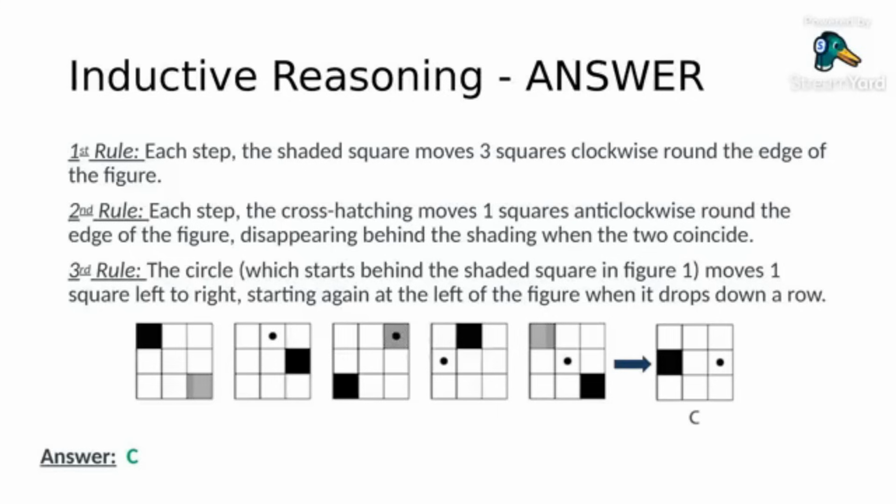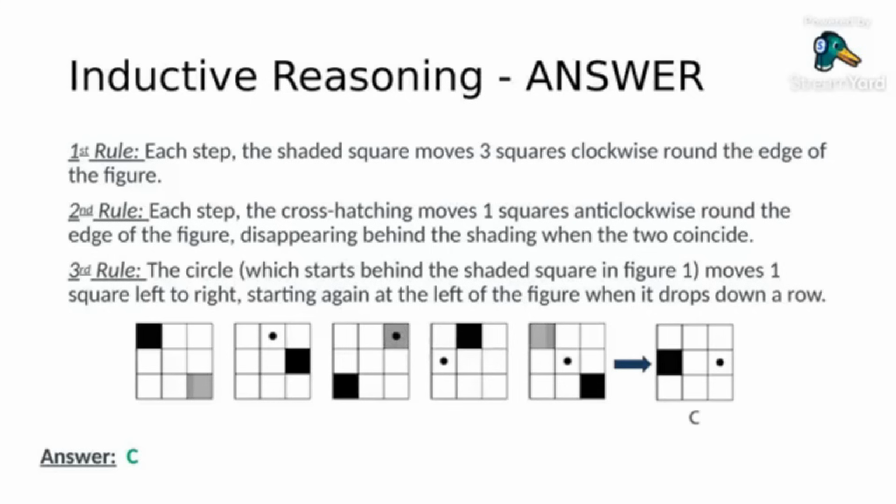Okay? Then, doon po sa edge nung mismong figure, disappearing behind the shading when the two coincide. So there will be tendencies that you won't see the other box or the box with the shade, cross-hatching siya kasi po nagkakapatong po sila.